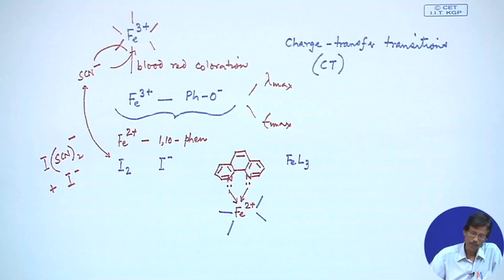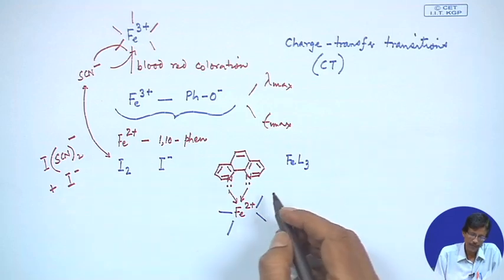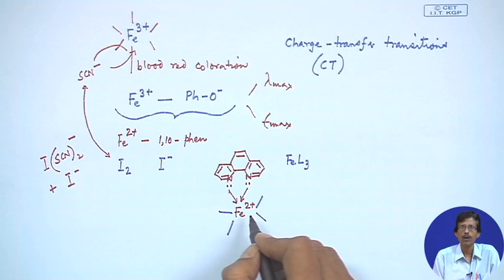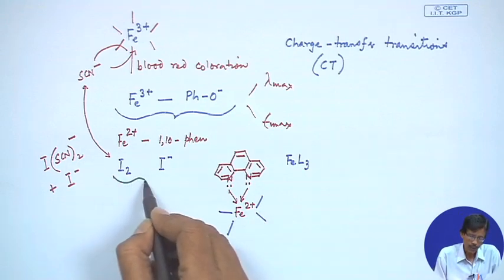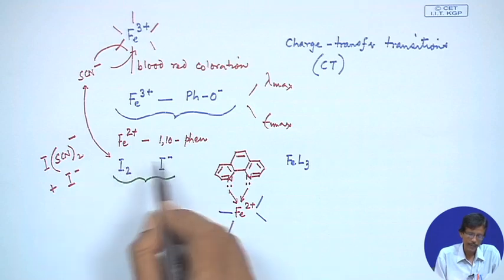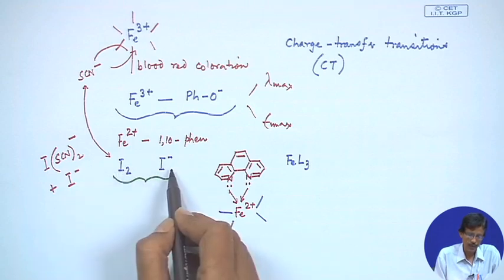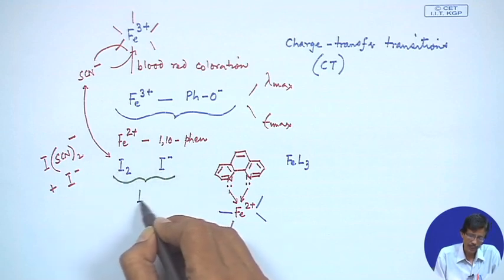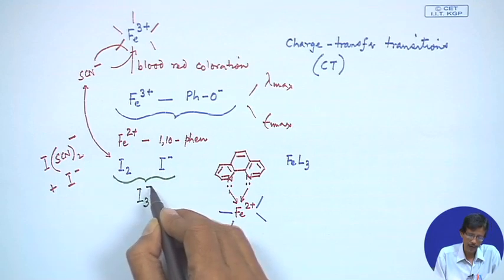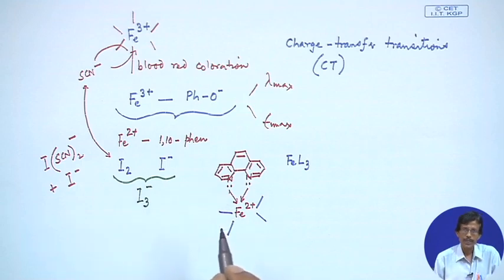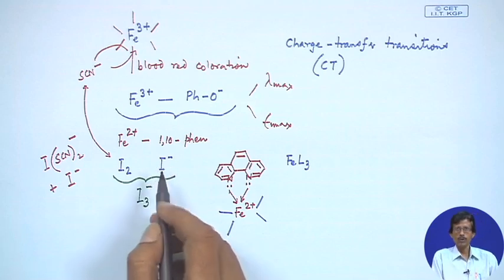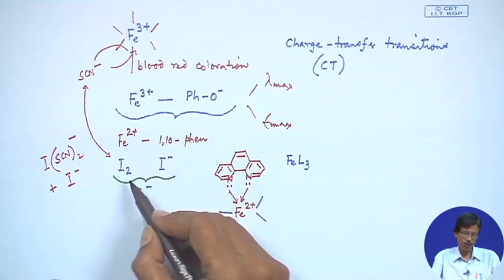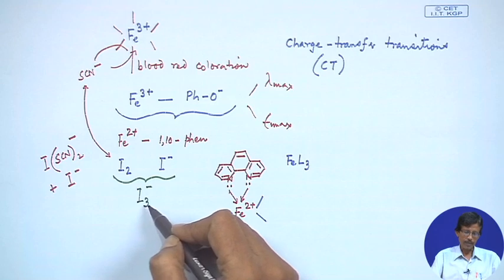So, the strong absorption concept can be very nicely utilized for the identification of the ferrous ion also, and these two. Any one can be your analyte, and the other your reagent. If these two do not give any color reaction, there is the formation of triiodide I3 minus, because we all know that if an aqueous solution of potassium iodide is added to iodine, we get potassium triiodide.